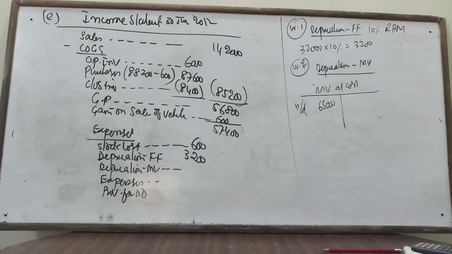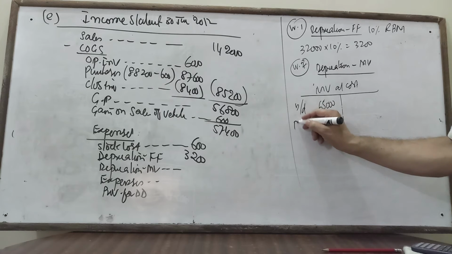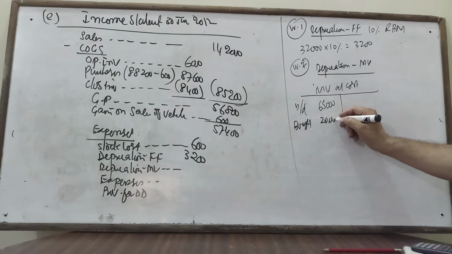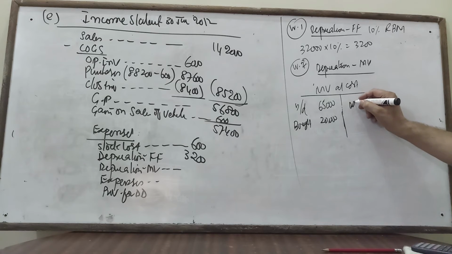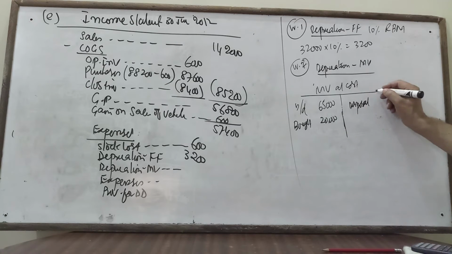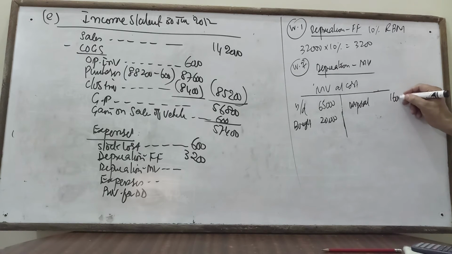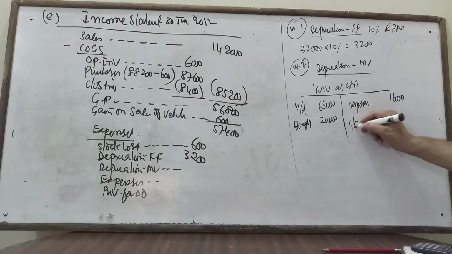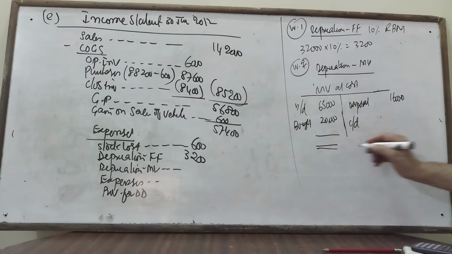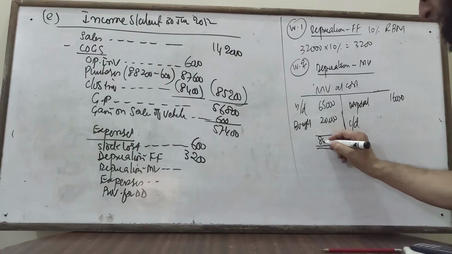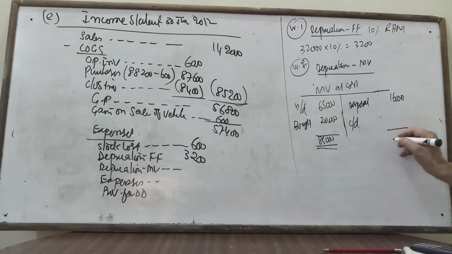Okay, and there's a motor vehicle bought for the year, $20,000. A motor vehicle disposal for the year, $16,000. Cost of motor vehicle disposed $16,000, and there's the balance carried down. Okay, 65,000 plus 20,000 is 85,000, minus 16,000 is 69,000.